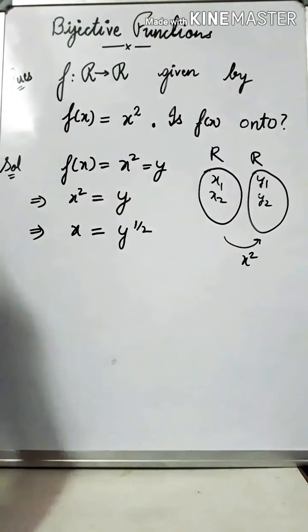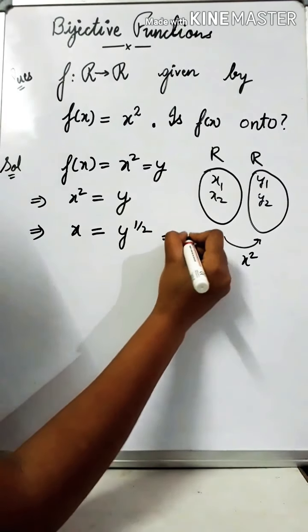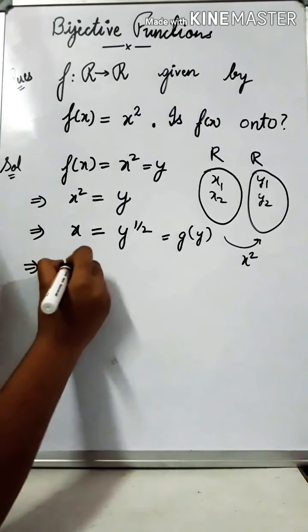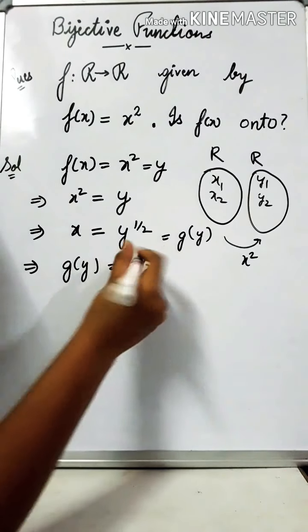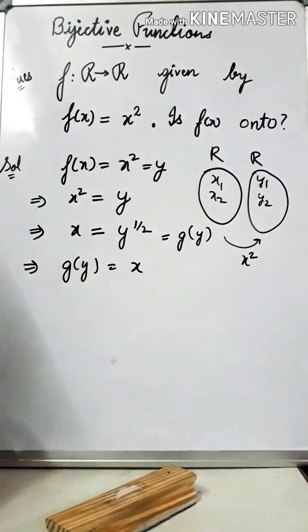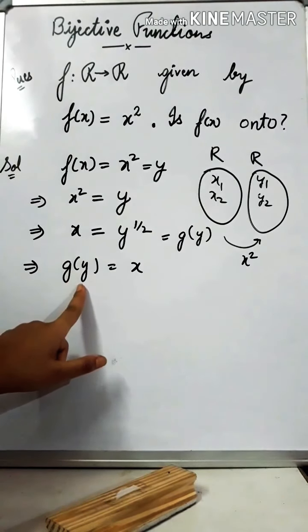All right. So suppose we give this function y to the power 1 by 2 a name g of y. Now you see what you got. Your g of y is equal to y to the power 1 by 2, meaning g of y is x. Now you started from a function of x and you came to a function of y.